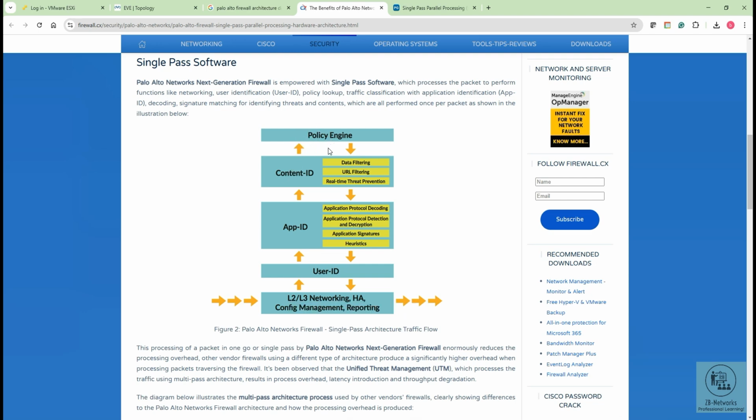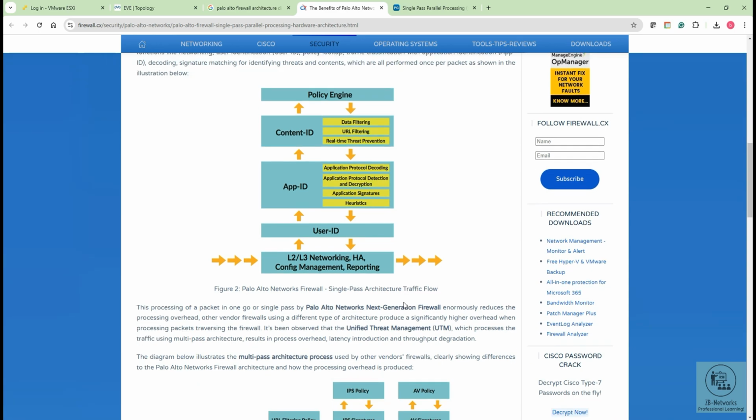Then it will look into the policy engine, which will run the security policy rules for this particular traffic, and likewise there are specific components which are part of each and every layer. In Content-ID, you have data filtering, URL filtering, and threat prevention elements. In App-ID, you have application protocol decoding, application signatures, application protocol detection and decryption techniques, heuristics, etc., right? And once the policies allow those packets to pass through, only then will the traffic be allowed.